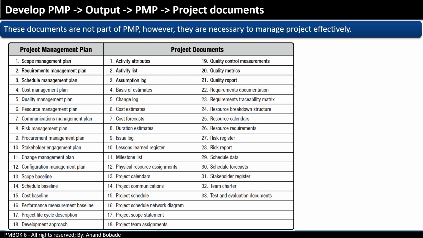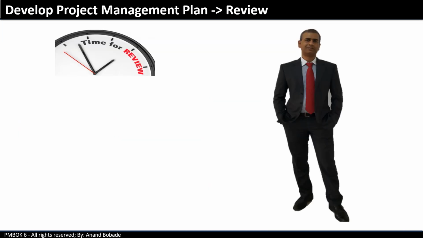As and when you find information, you can go and update them. However, as a result of updating these documents, the project manager may raise a change request. We will talk about the purpose of these documents and how they get created during respective knowledge areas.